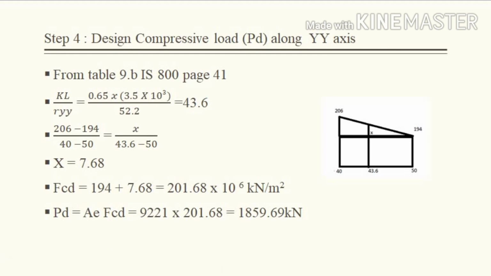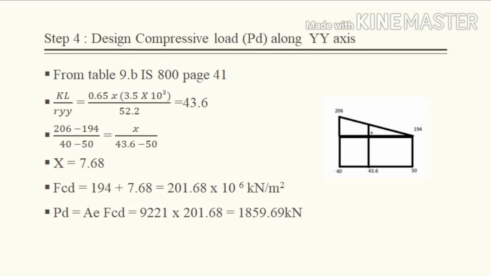From the table, that is table 9 itself, we have to find out KL by RYY. K is equal to 0.65 and L is equal to 3.5 into 10 raised to 3 and RYY equal to 52.2. By solving the equation we get 43.6.